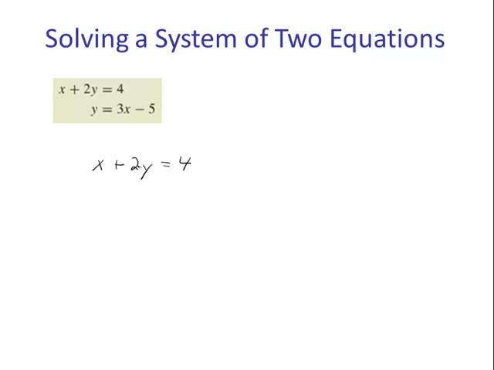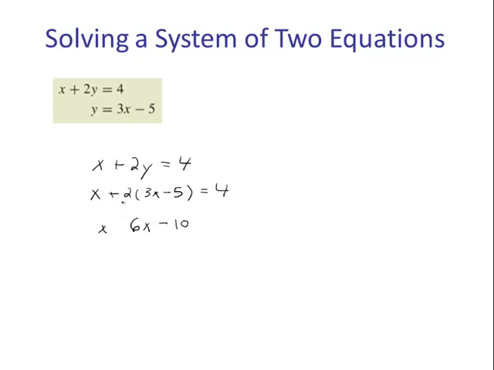So here we have an equation, 2 variables, x and y. We can't solve it, but we know that y is the same thing as 3x minus 5. So we substitute 3x minus 5 for y. Using the distributive property, we have 6x minus 10.